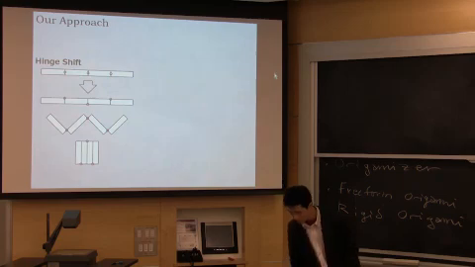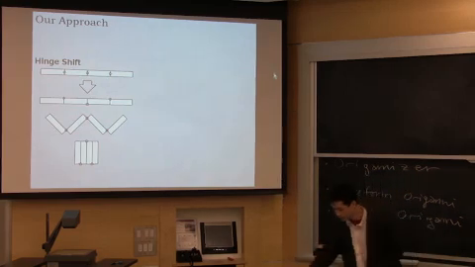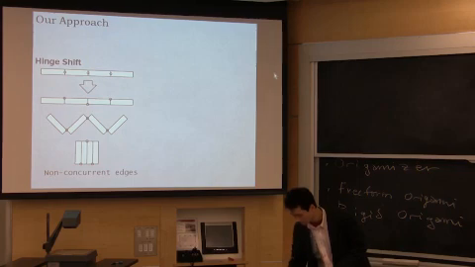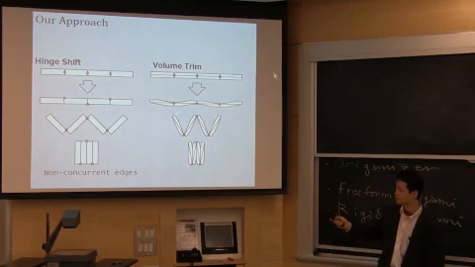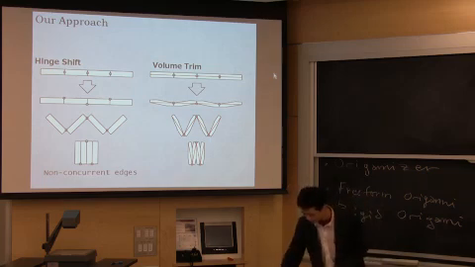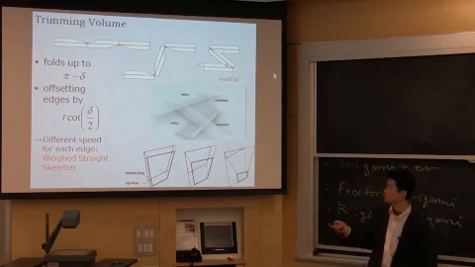So what I do is, instead of shifting the hinge, you can trim the volume of the valley side of the model. And this is actually very easy.